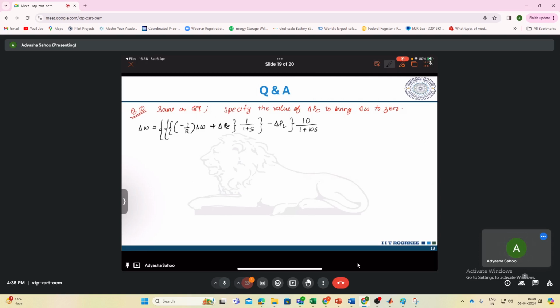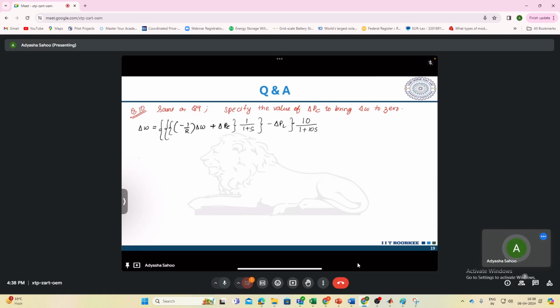Okay, so rearranging the terms, you will get delta omega as 10 by 1 plus 10S divided by 1 minus 10 by 1 plus 10S into minus 1 by R, 1 by 1 plus S, into 1 by 1 plus S, delta PC minus delta PL.